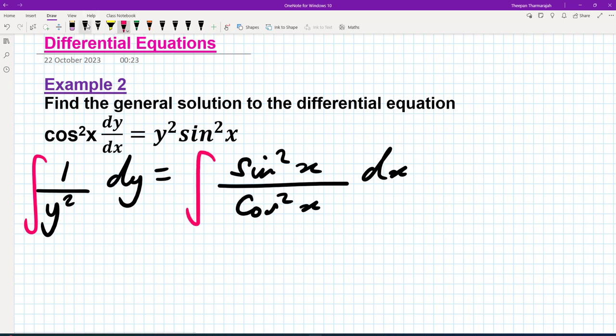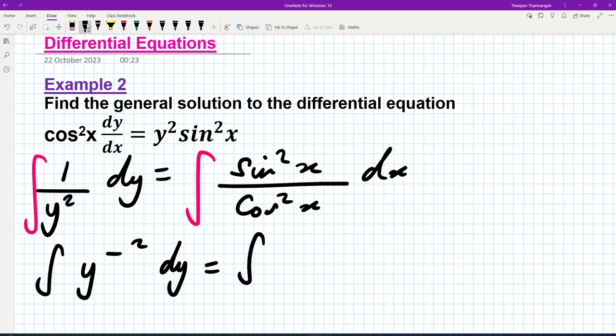So we're going to rewrite this as the integral of y to the power minus 2 dy equals the integral of tan squared x dx.